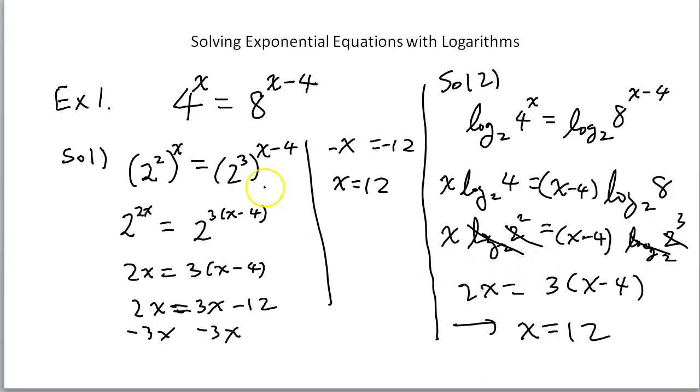Now at this point, you probably don't see why using logarithms is any better than the previous method, just using the exponential rules. The reason that you want to use logarithms to solve exponential equations is because there are simply some cases where you can't use the basic exponential methods.